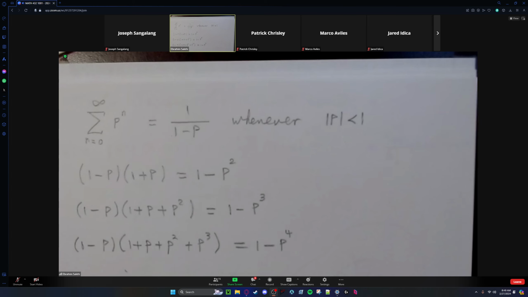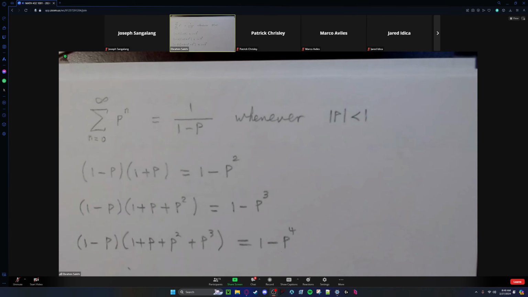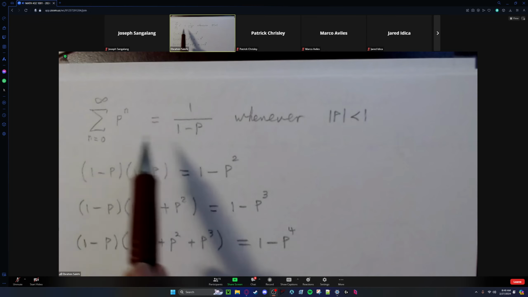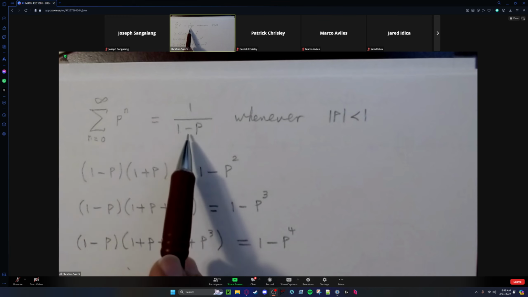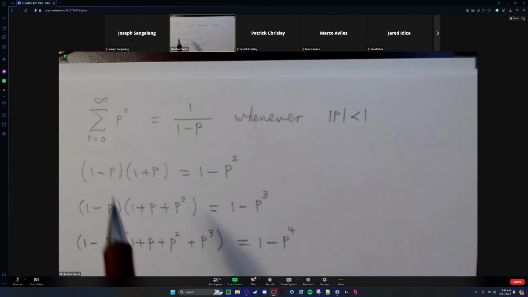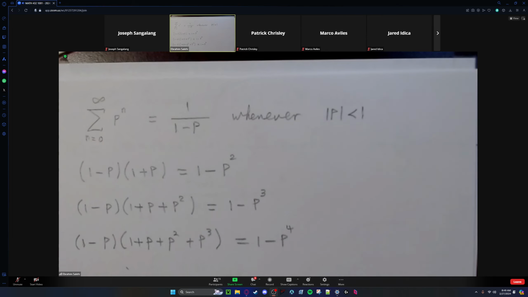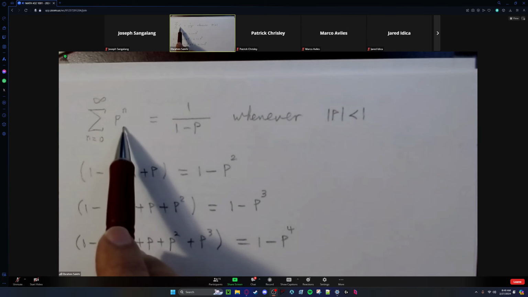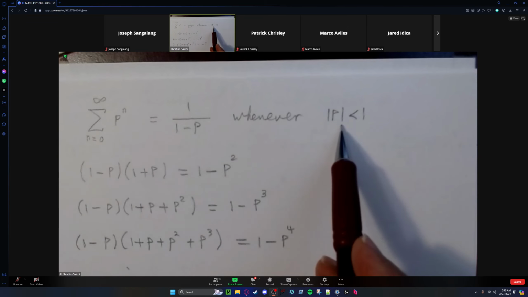And then I talked about this very important series called the geometric series. This geometric series converges if and only if the modulus of P is less than 1, all right?